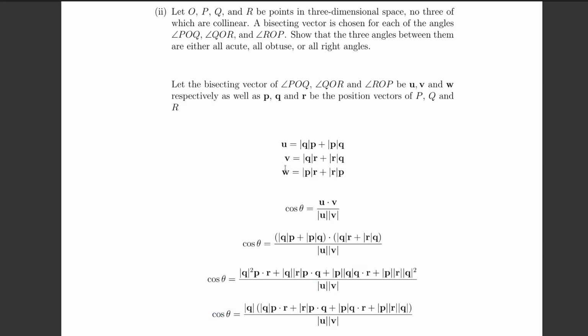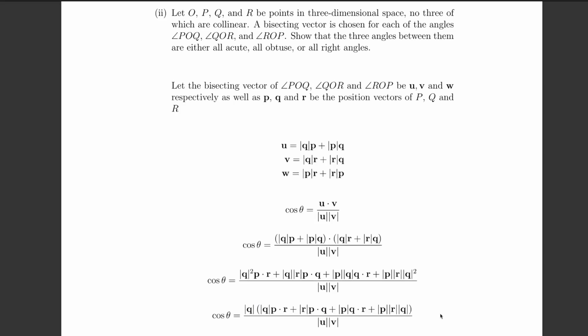The angle between this vector and this vector will have this term as well. So the angle between all three of those bisecting vectors, UV, VW, and then UW, those three angles will always have this term.